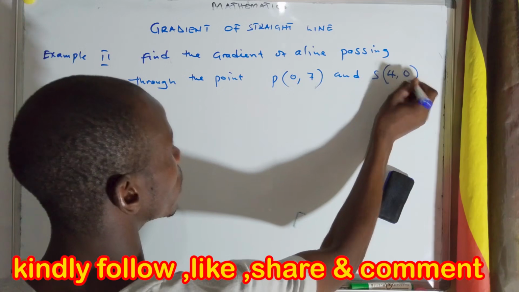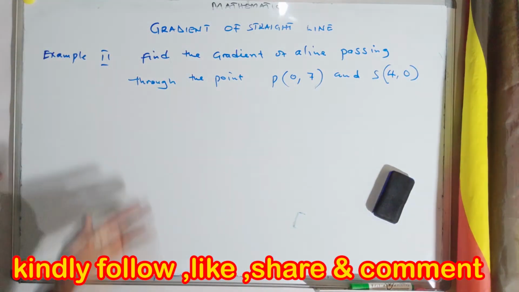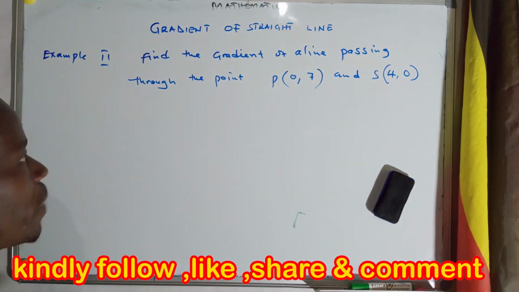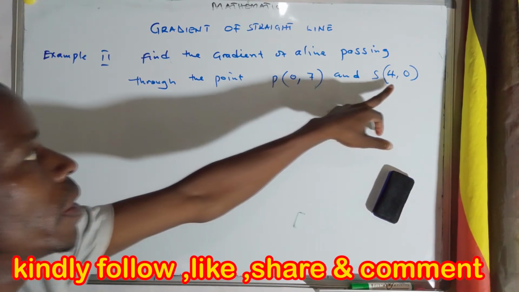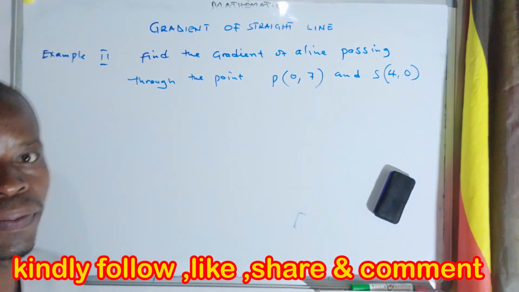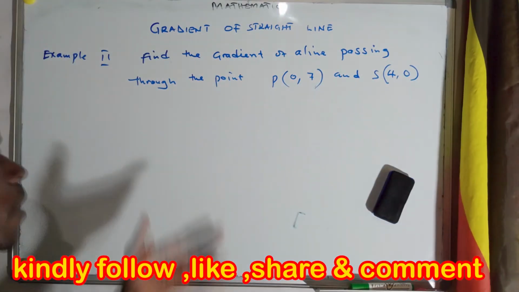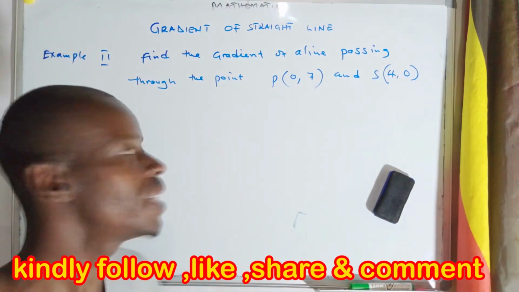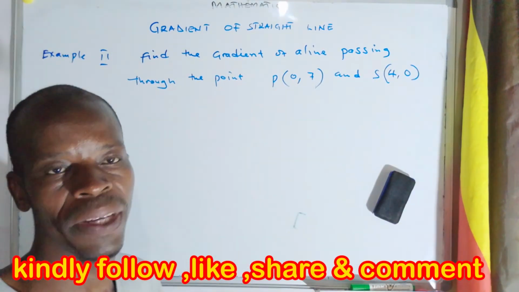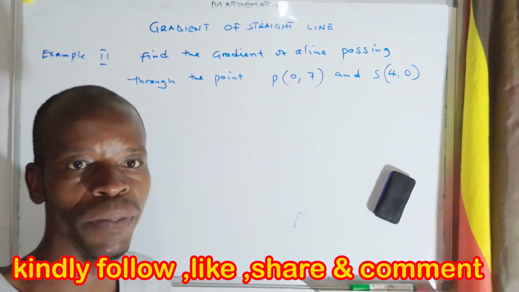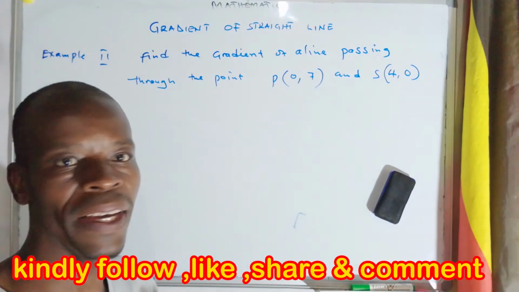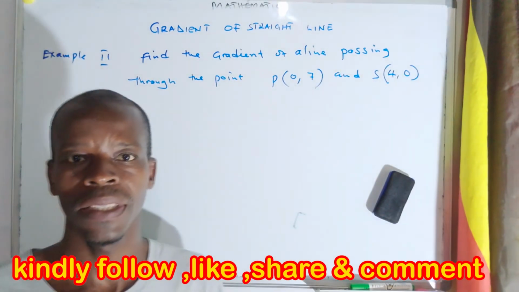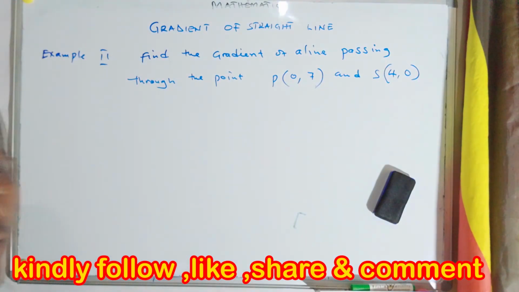So they are telling us to find the gradient of a line passing through the points P (0, 7) and S (4, 0). Who can work this number for me? If you can manage, work it and post it on my video on TikTok or YouTube channel, in the comment section. I'll see. If you fail, watch my answer to see how I'm going to work on it. I want to see your answer.